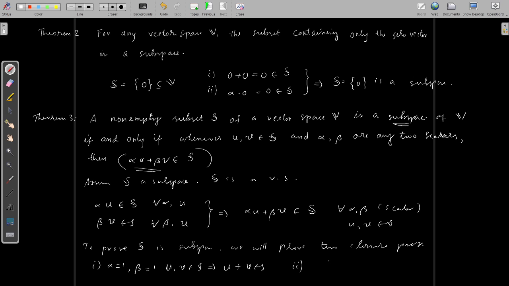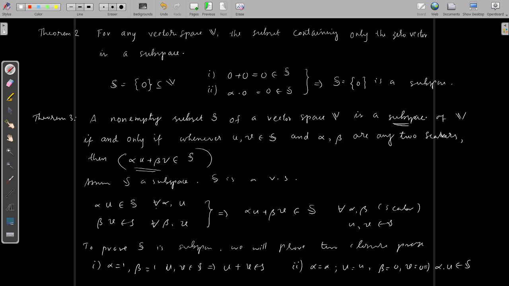Similarly, for the second one, take alpha equal to alpha, u equal to u, and beta equal to 0 and v equal to 0. This implies alpha times u plus 0 times 0, that is 0 again, belongs to S. So this proves the second closure property of scalar multiplication.